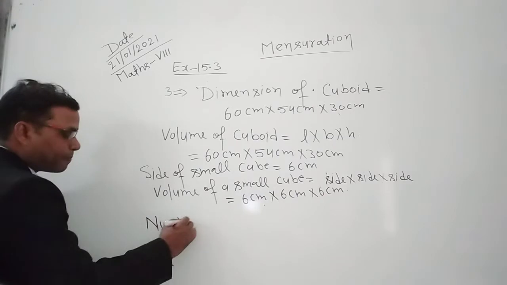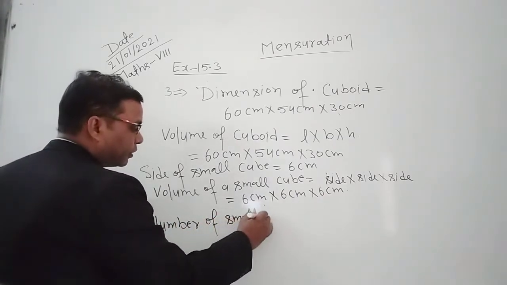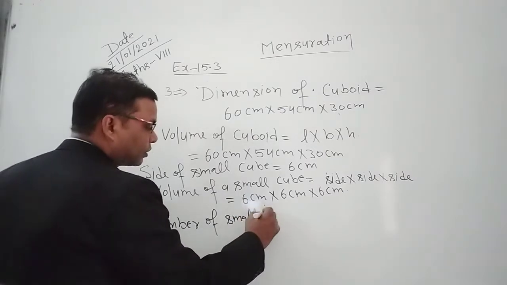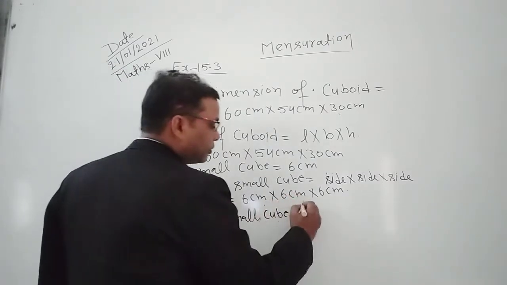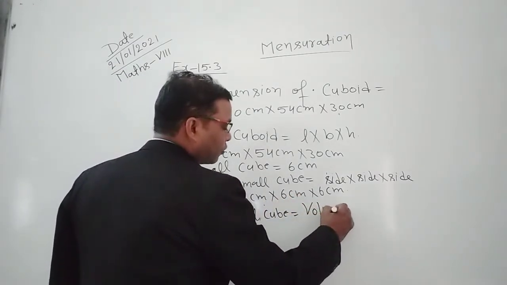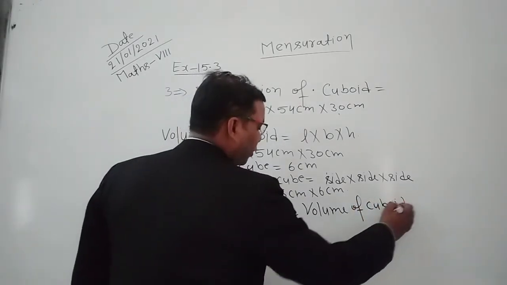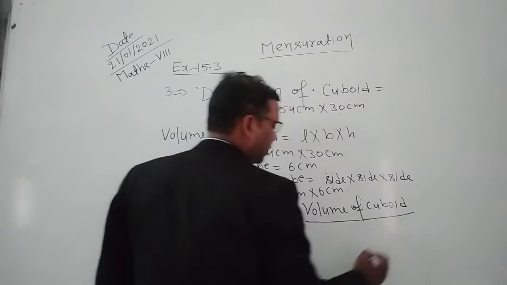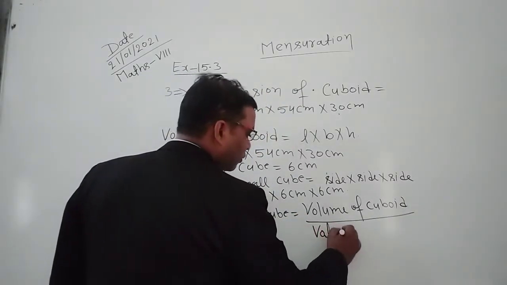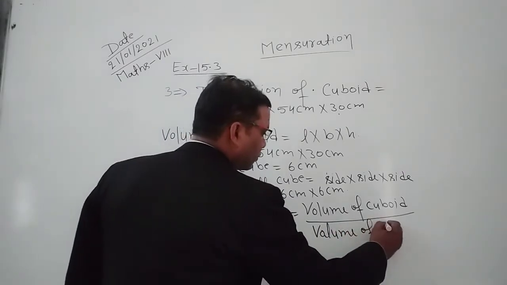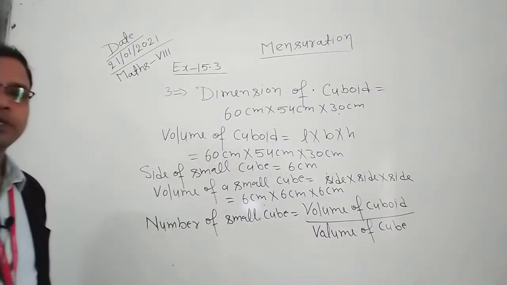So the number of small cubes is equal to volume of cuboid divided by volume of a cube. Clear?